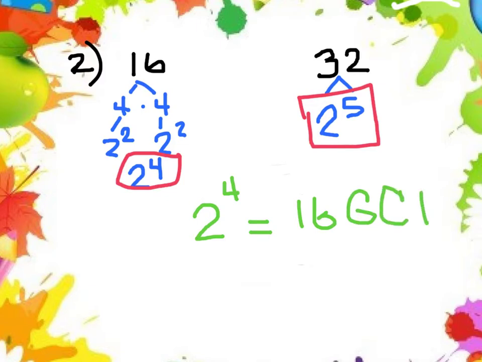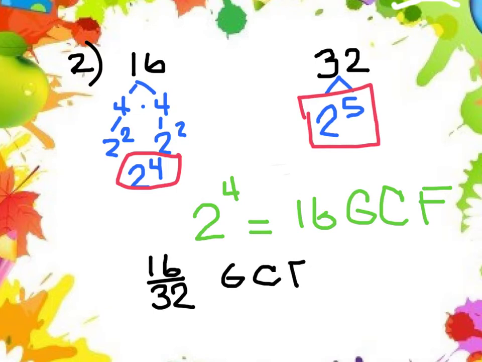Now, I would like to mention the following. If I was to put 16 over 32, the greatest common factor of both is 16, because 16 is the number that is divisible by this one and by this one, dividing both into 16. 16 into 16 is 1, and 32 into 16 is 2.